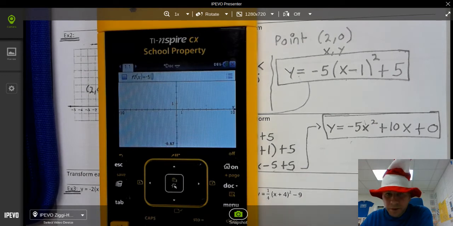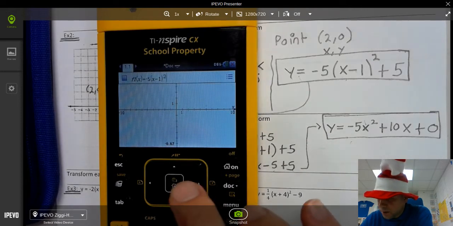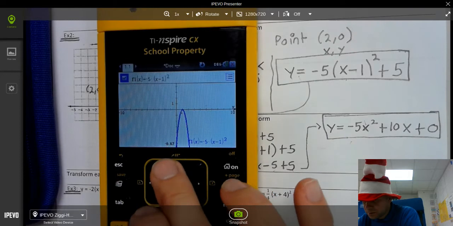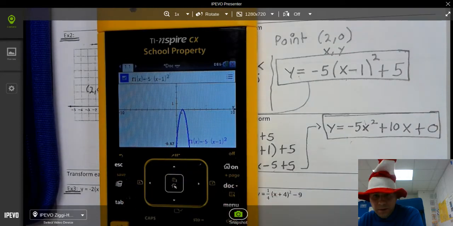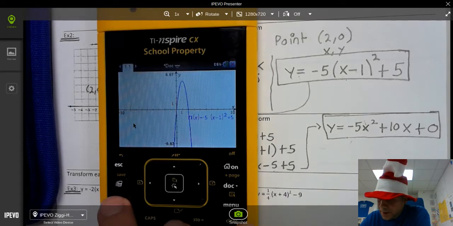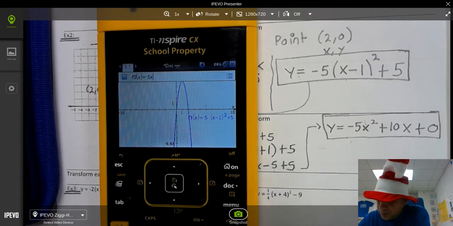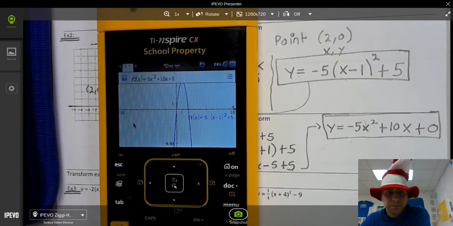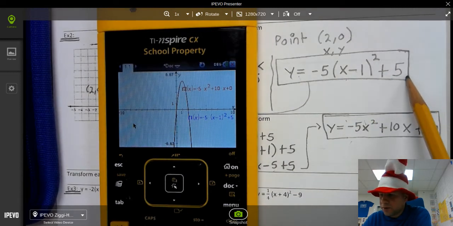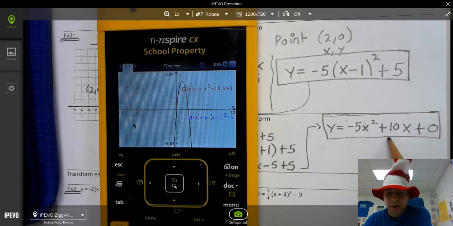So negative 5(x minus 1) squared plus 5. There we go. Tab, negative 5x squared plus 10x plus 0. The fact that they're overlapping says that these are the same, so we can know that this is the vertex form and this is the corresponding standard form.